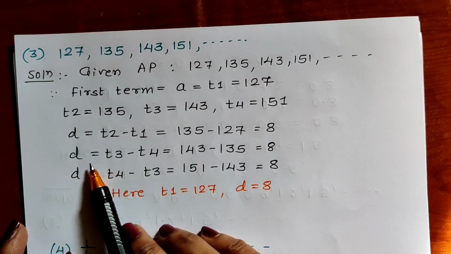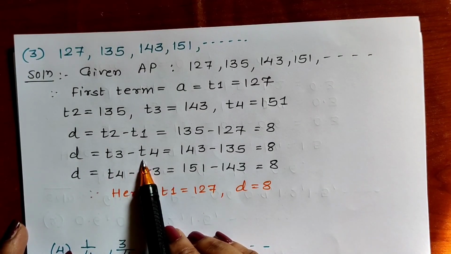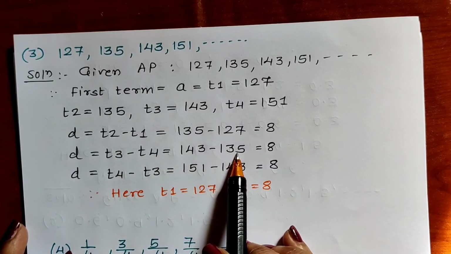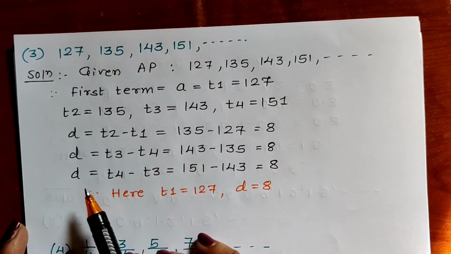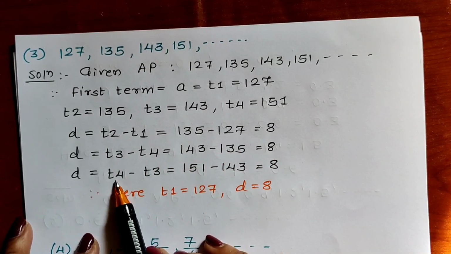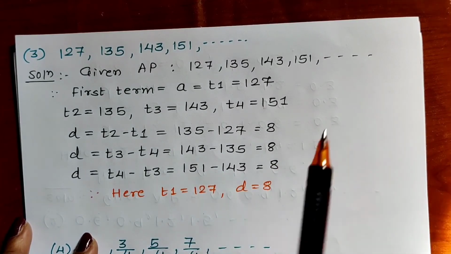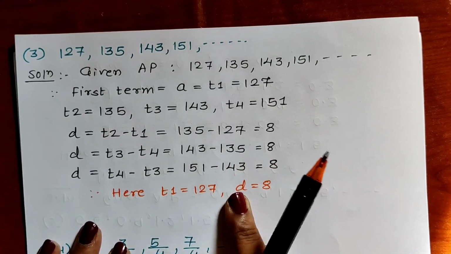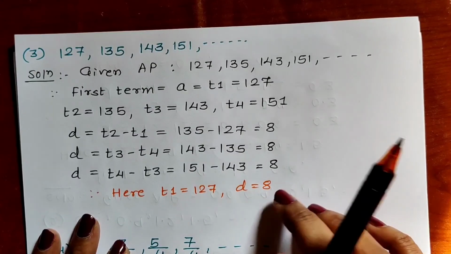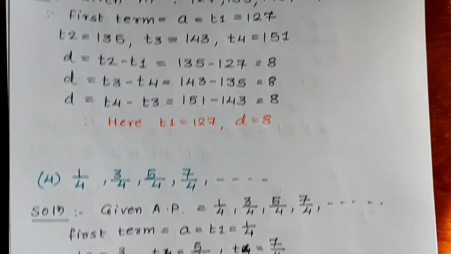Again we can find D, T3 minus T2, 143 minus 135 again 8. If you want, you can find T4 minus T3, which is 151 minus 143, again 8. So T1 first term is 127 and common difference D is equal to 8. Now last sum.